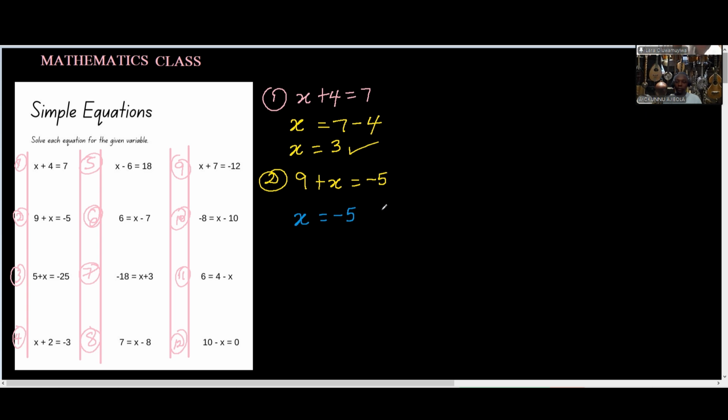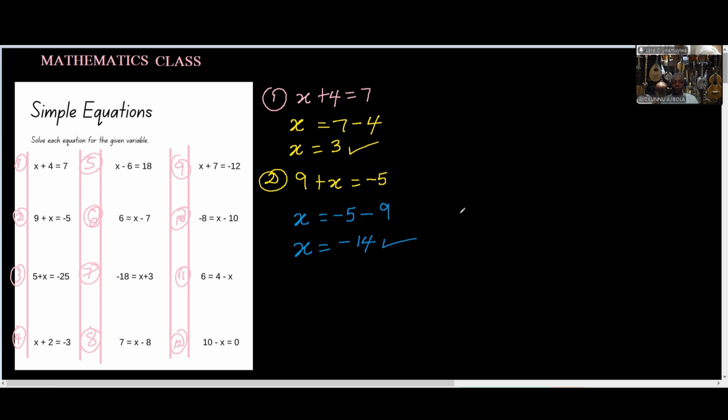You remember I said when something crosses over, the sign must change. So 9 is positive and it's going outside. What will it become? Negative 9. Do you understand? And I explained the other time that when you have negatives, you're adding them together. So this will be negative 14. Is that clear?